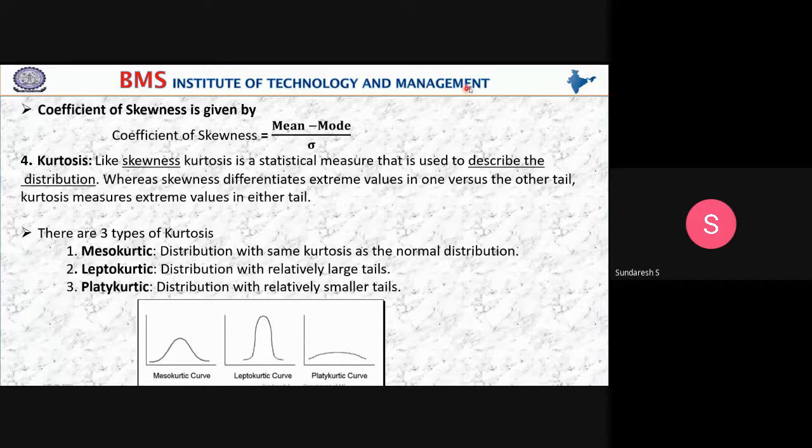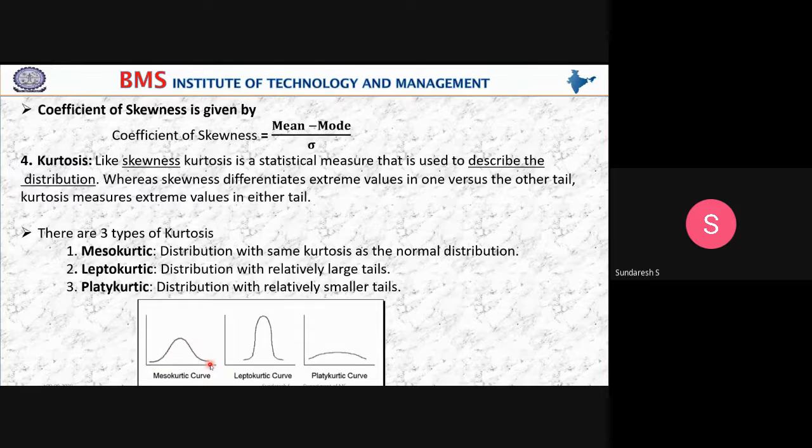This is very important, because they might ask for short notes: what is skewness and kurtosis? You should be in a position to explain what is kurtosis, what is mesokurtic, what is leptokurtic, and what is platykurtic. Mesokurtic means the distribution has the same kurtosis as the normal distribution, so there is no change from the bell curve.